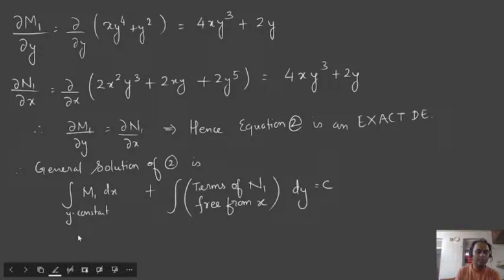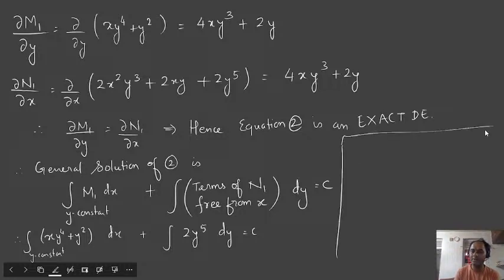While writing the solution, we will have integration, treating y constant, we'll substitute the value x y raised to 4 plus y square dx, plus terms of N1 free from x. Now there is nothing in the first term free from x, and here also nothing is free from x, but 2y raised to 5 is free from x, so we take that, dy equals to c.